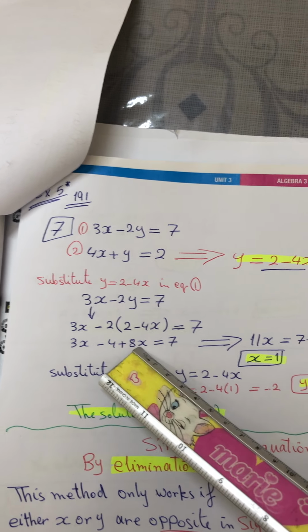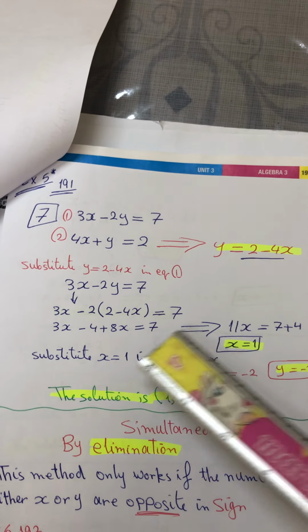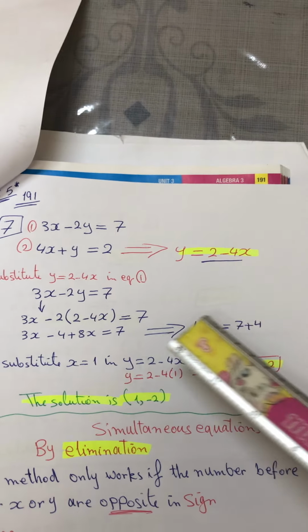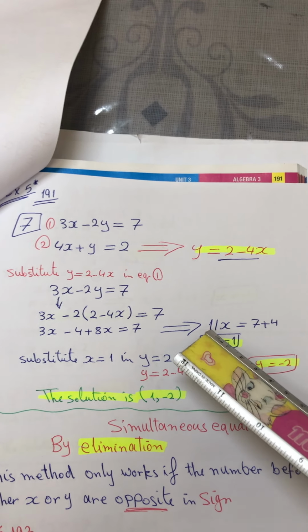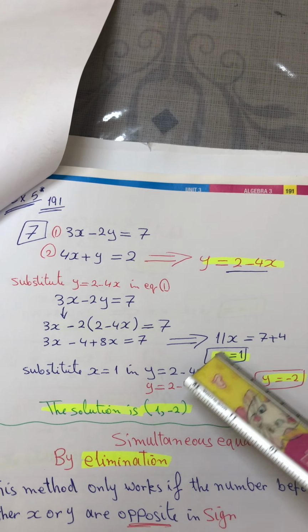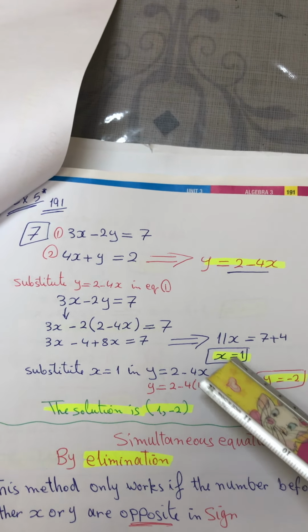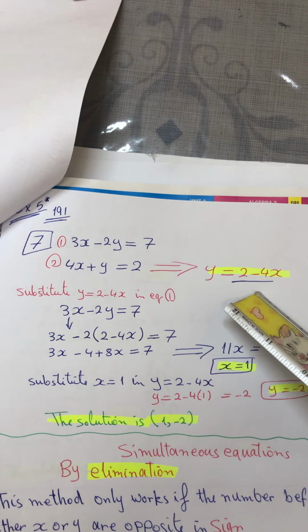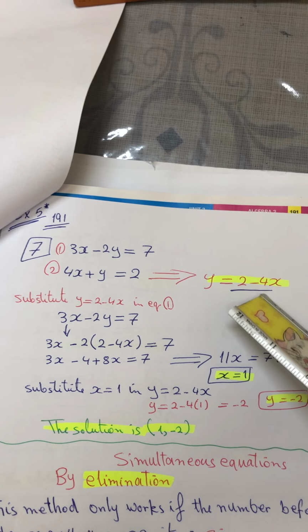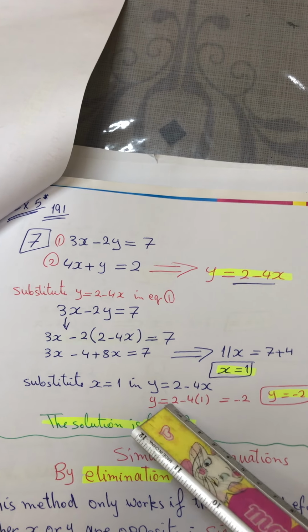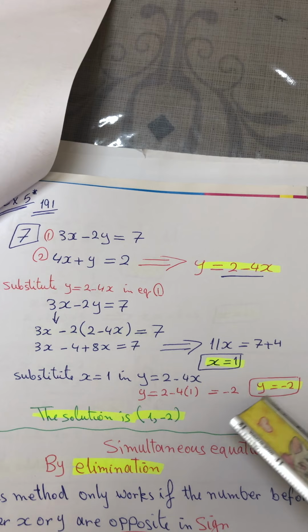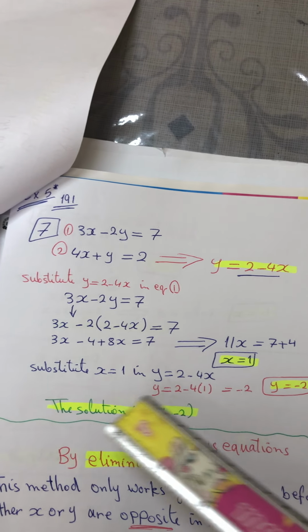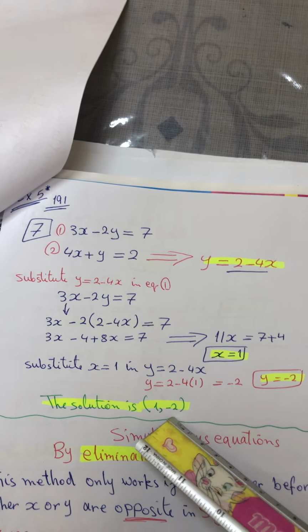Collect the x's, you have 11x, and take the number aside, so 11 divided by 11 both sides, so x equal 1. Now I have the value of x, substituted here to get the value of y. So y equal 2 minus 4 times 1, so y equal 2. Now I have x and y, so the solution is 1 and 2.